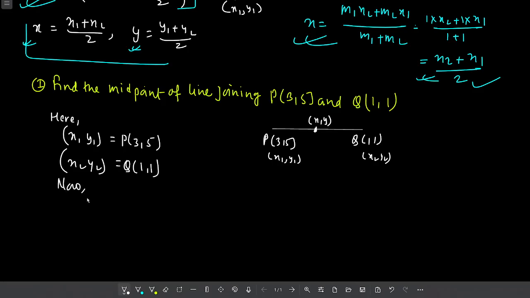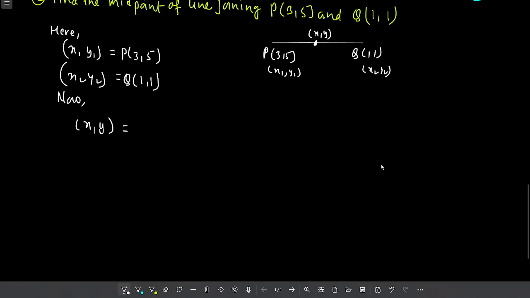Now, what is our midpoint formula? (x, y) equals to, anyone can tell? Agyasri, can you tell the formula? (x1 plus x2) by 2, comma, (y1 plus y2) by 2. Okay, very good.